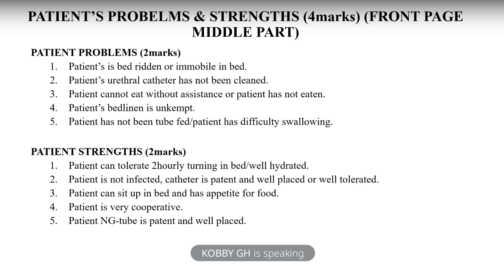For example, they give you an aged but extremely weak patient who is just in bed, or a patient with something like a pelvic fracture who is just in bed. Those patients, you can write patient is bedridden or immobile in bed. Then the strength would be patient can tolerate turning in bed.